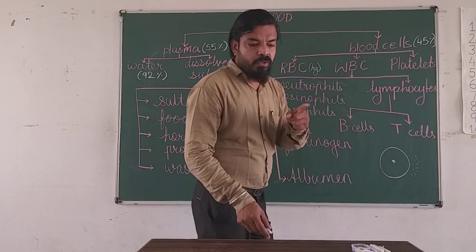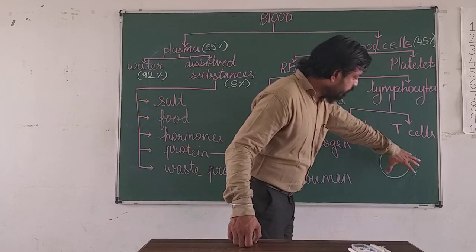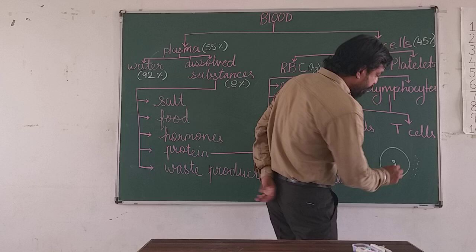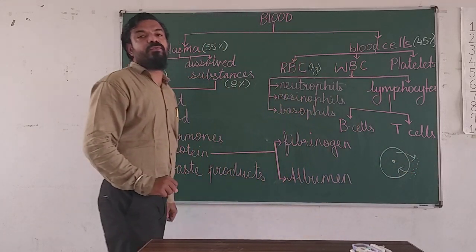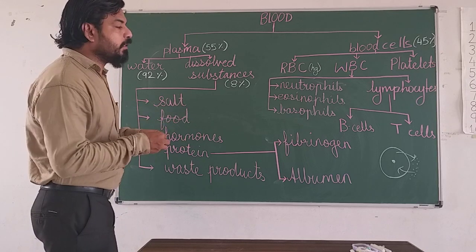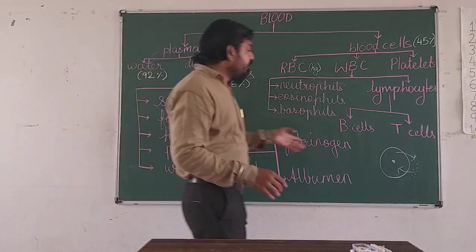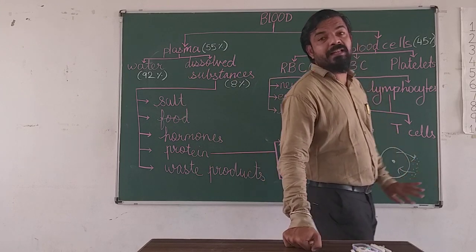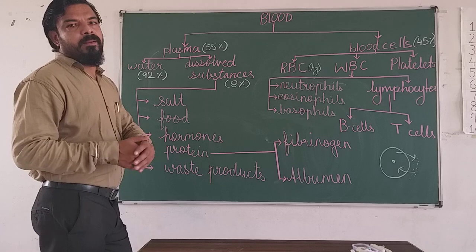I told you in the previous chapter about osmosis. It is one kind of diffusion, which transports water and minerals inside the cell and waste products outside the cell. This kind of diffusion and osmosis all happens in your body.